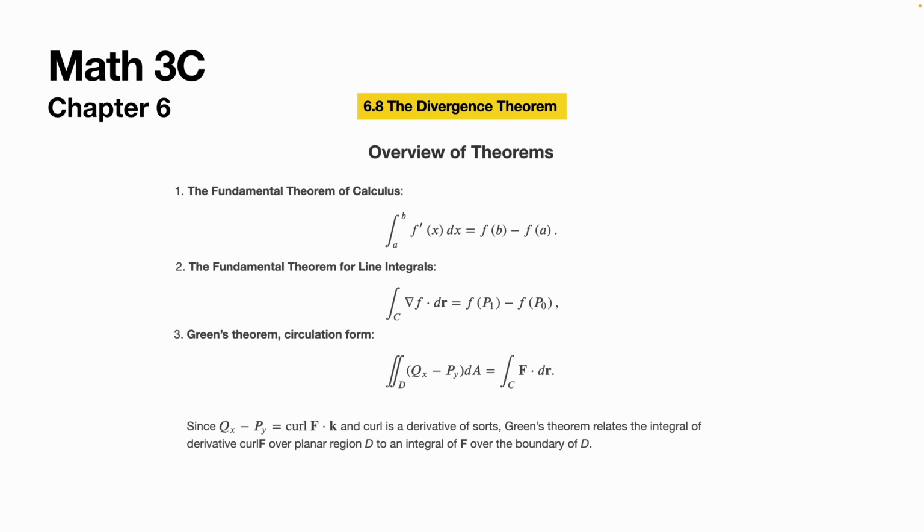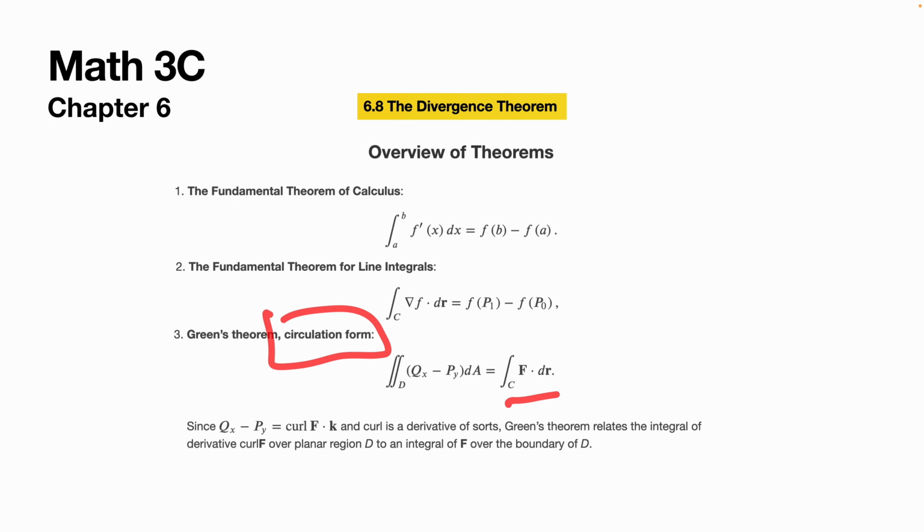So we're able to relax the fundamental theorem of calculus by expanding the interior from a single variable to two variables, so a region in the plane, D. And then Green's came in two different forms. Here's the circulation form.